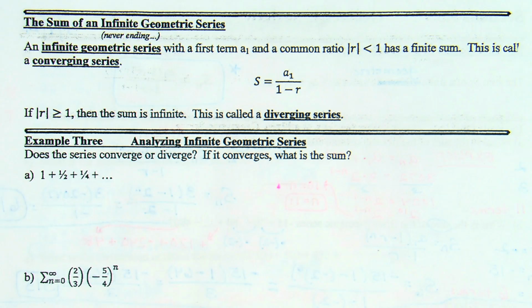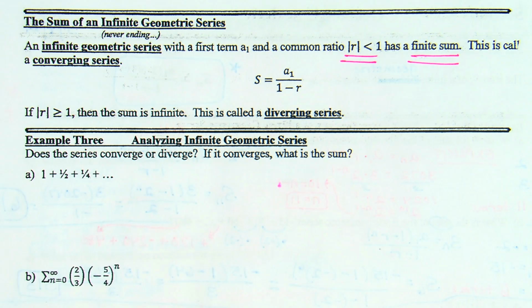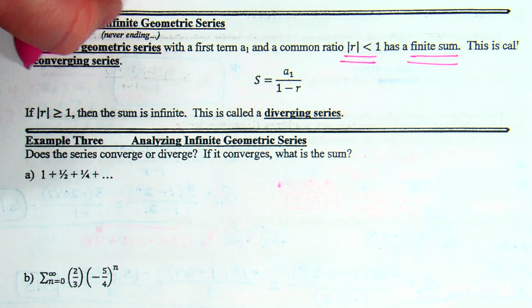So, it's all going to depend on r. If the absolute value of r is less than 1, there is a finite sum. This is called a converging series. Okay? So, if your series converges, there is a sum, and that sum is found using this new formula. It's a lot easier than the first page formula. a1 over 1 minus r.